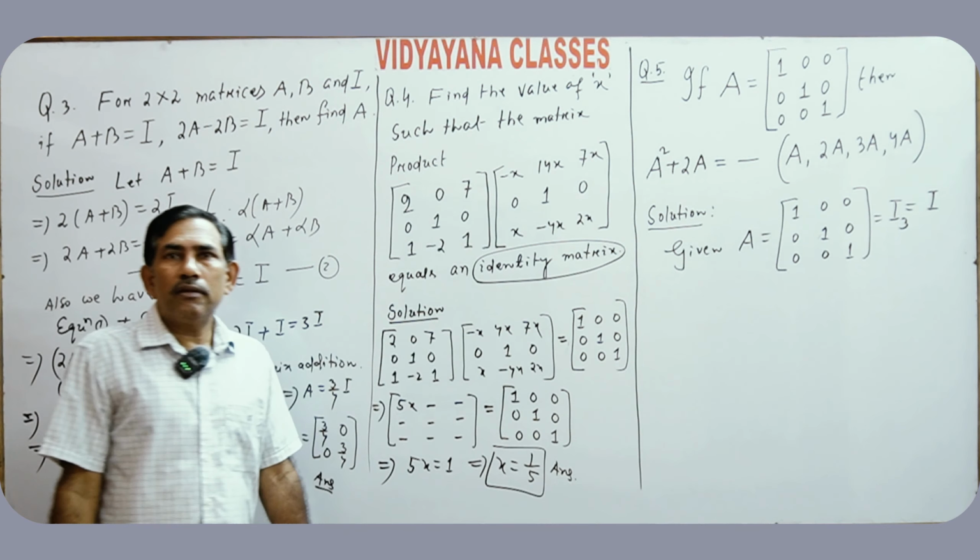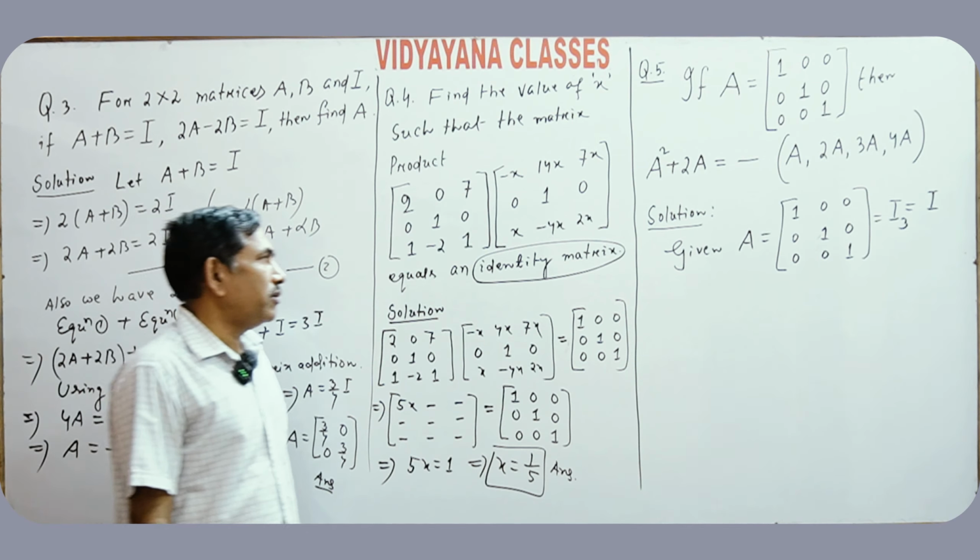I3 represents the unit matrix or identity matrix of order 3.